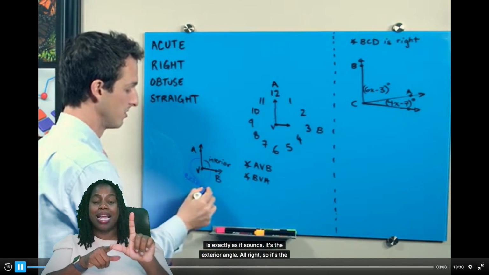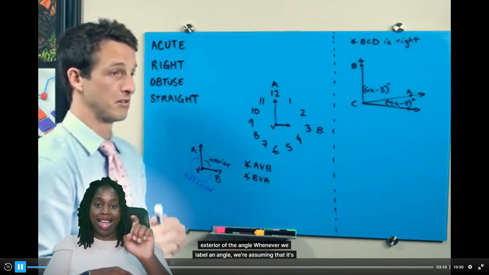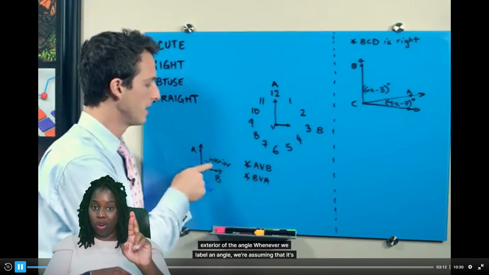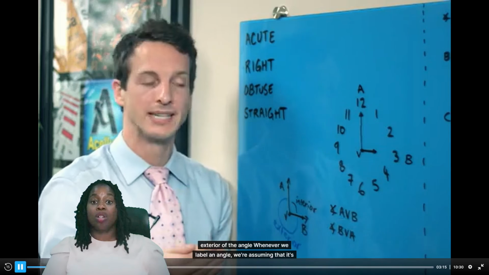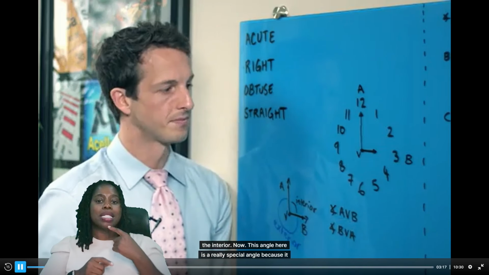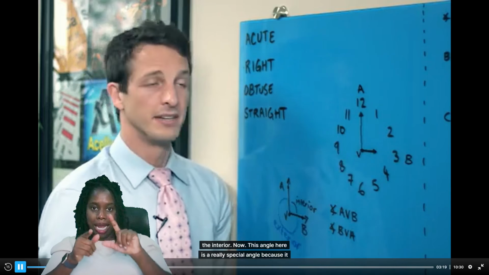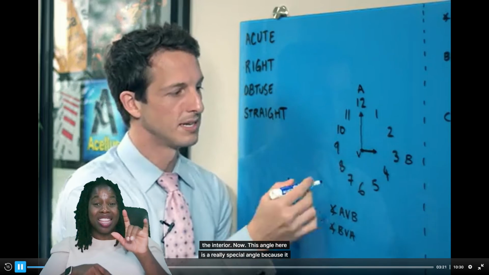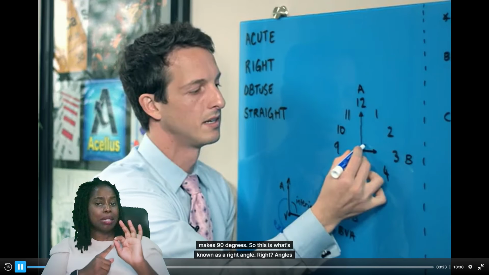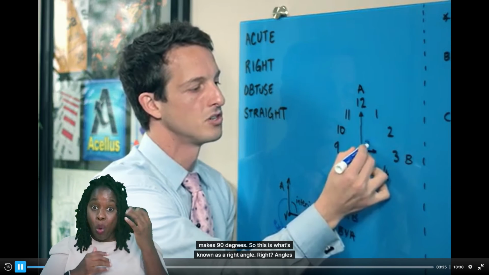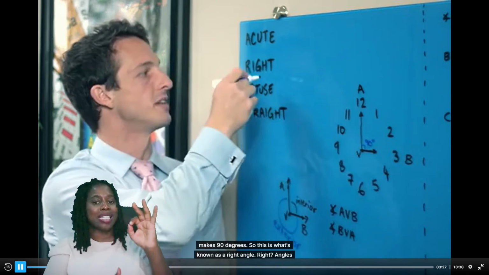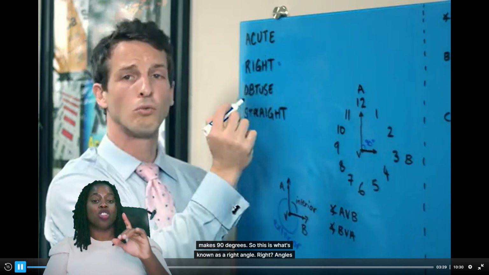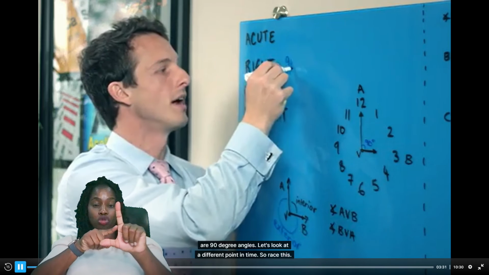It's the exterior of the angle. Whenever we label an angle, we're assuming that it's the interior, though. Now, this angle here is a really special angle because it makes 90 degrees. So this is what's known as a right angle. Right angles are 90-degree angles.